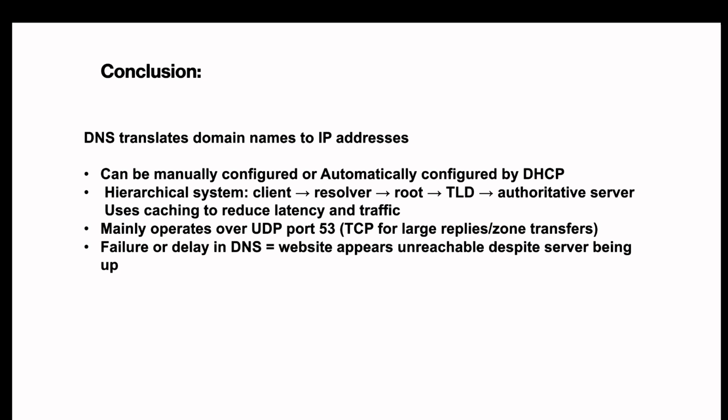Usually all of these use caching to reduce latency and traffic. DNS mainly operates over UDP, which is port number 53. UDP will transfer into TCP only when the records are more than 512 bytes, right?